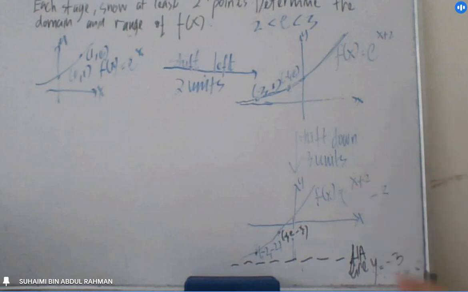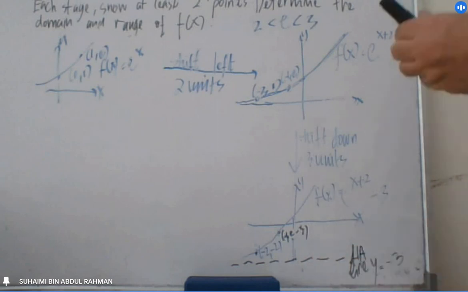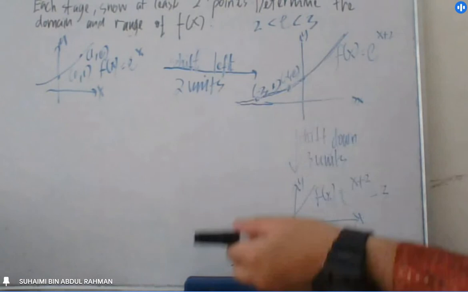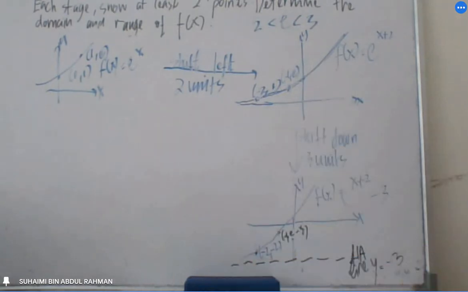Now it goes down. That doesn't matter. So the horizontal asymptote is like that. When the graph goes up, it goes up. When the graph goes down, it goes down. It follows. It's like a tail.